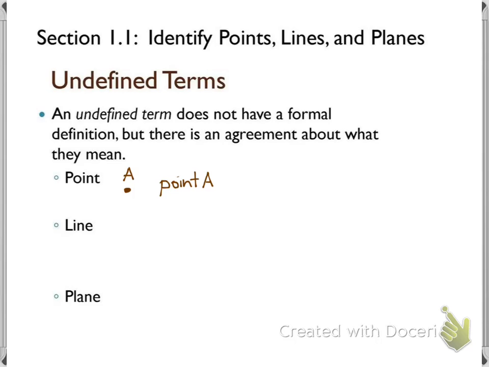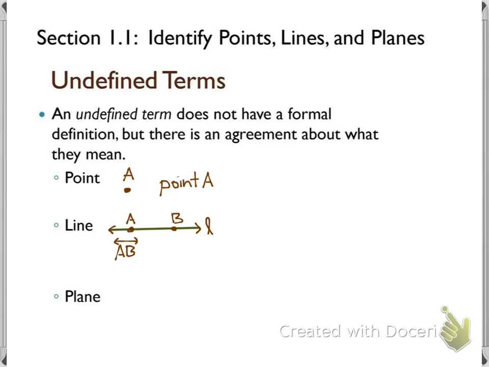Now a line though, a line's going to have one dimension, so it goes off in one direction. It's always a straight line that we'll have. We put arrowheads on the end, and when we go to name a line, we can either use a script letter and call that like line L, or I put 2 points on it and use 2 of those points, and I could call it line AB.